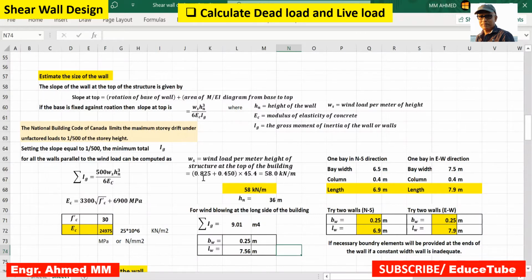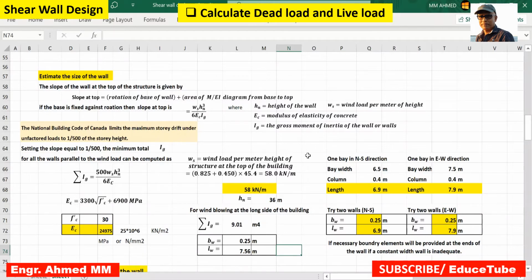But how to get that? This is actually windward pressure and leeward pressure. In my first video, I showed it in the table. There were two columns, one for windward and another for leeward pressure. From that table I have taken this. So adding these two, multiplied by the width of the building, 45.4.